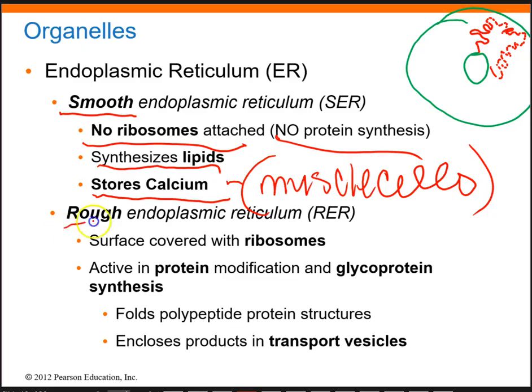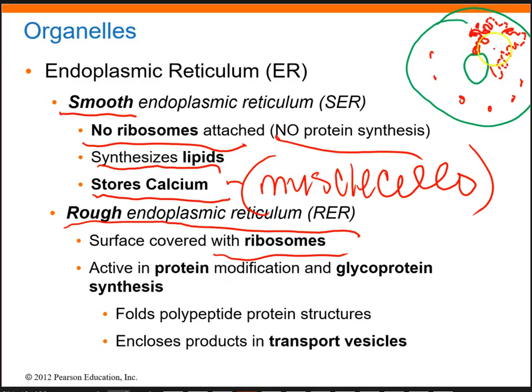The rough endoplasmic reticulum, or rough ER, is called rough because its surface is really bumpy, because the surface is covered with ribosomes. Remember, we just said that there are free ribosomes that just float around the cytoplasm, and then there are fixed ribosomes that are attached to the endoplasmic reticulum.